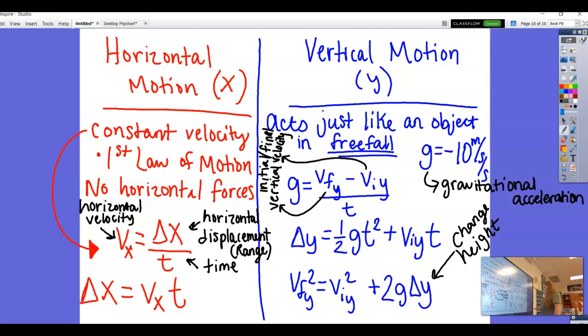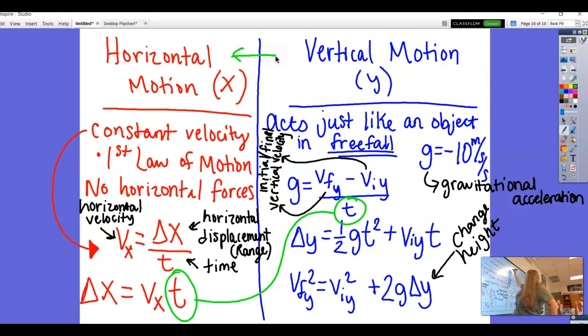And at that point, I think we've defined all of our variables. Now, there is one variable that is the same in both of these. Here we have time, okay? And in all of these equations, we have time, and those connect. Time connects the horizontal motion to the vertical motion.